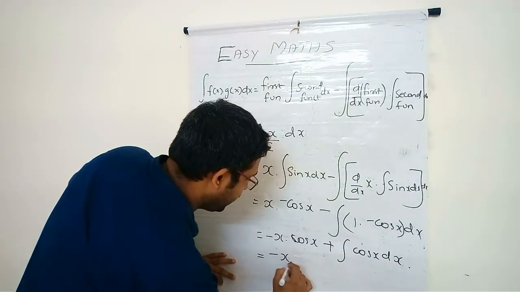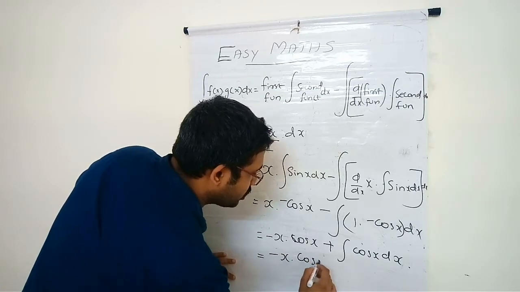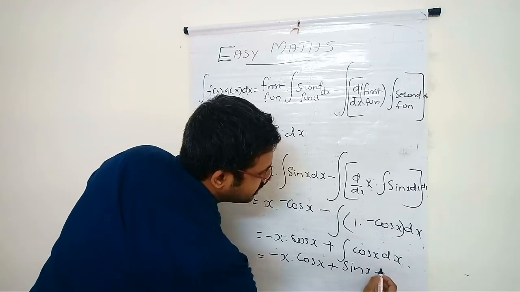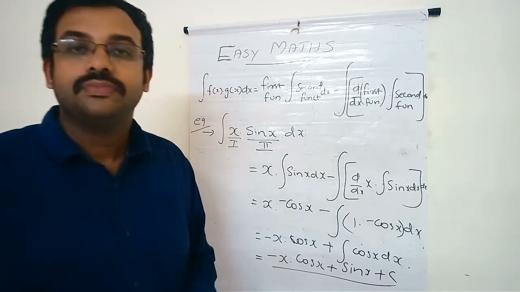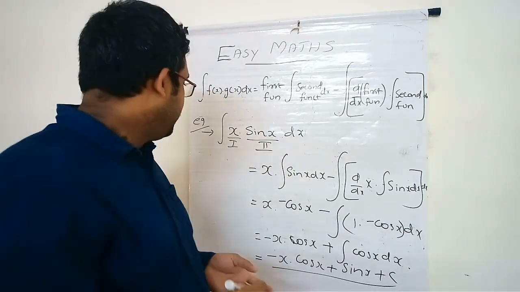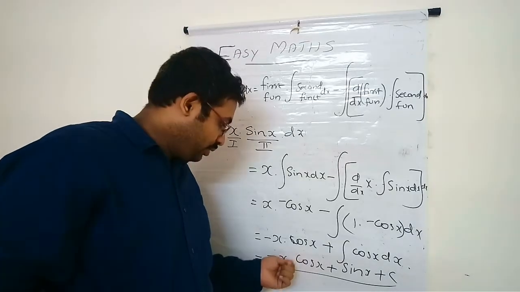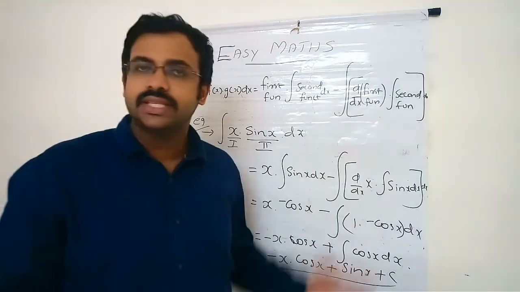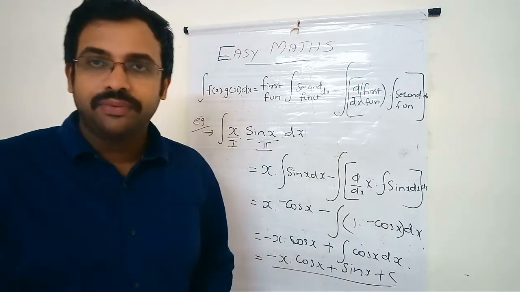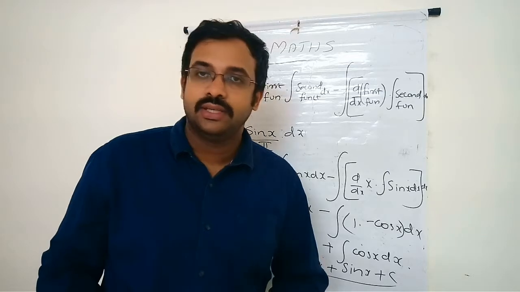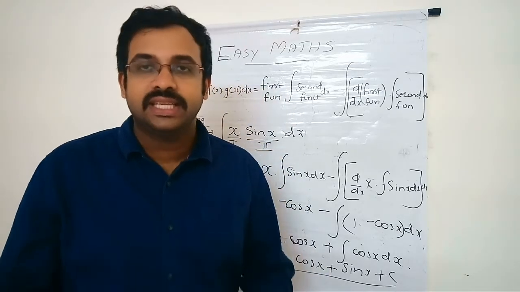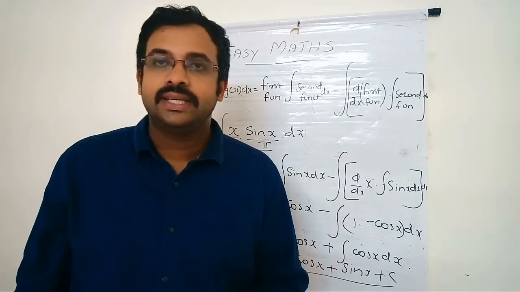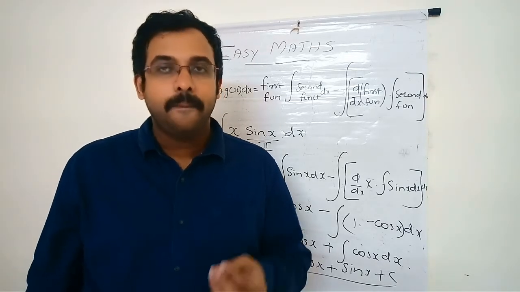So applying, we get minus x into cos x plus integral cos x, which is sin x, plus c. So the answer will be minus x into cos x plus sin x plus c. So this is how we simplify using the ILATE method or the product rule in the case of integration. This is the method that we call integration by parts.